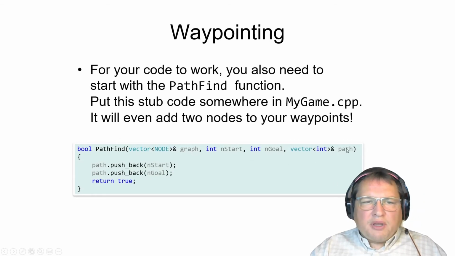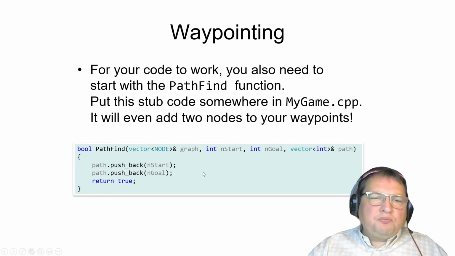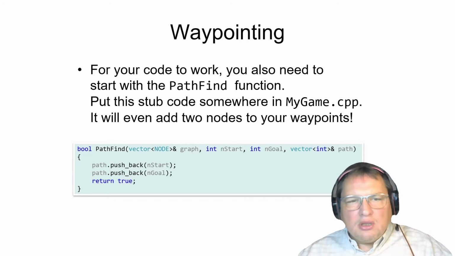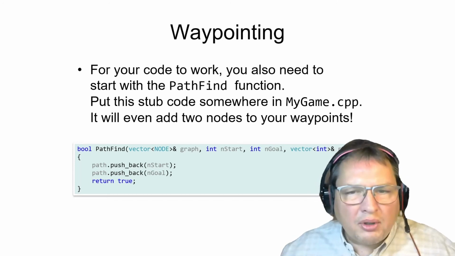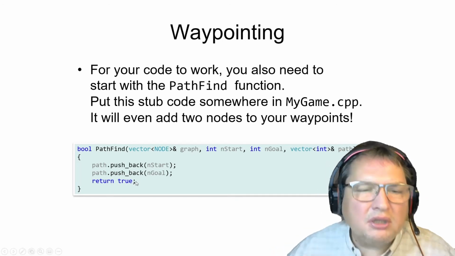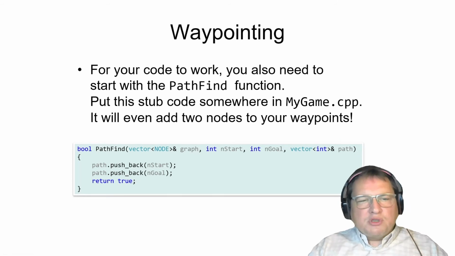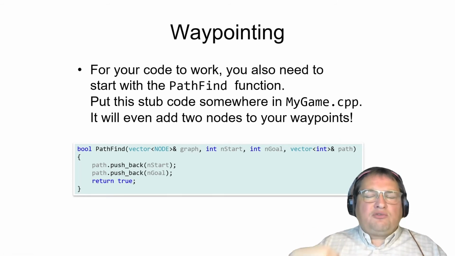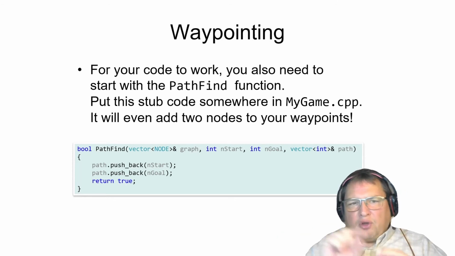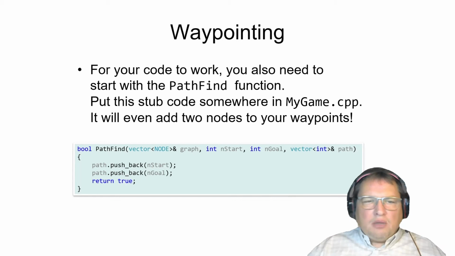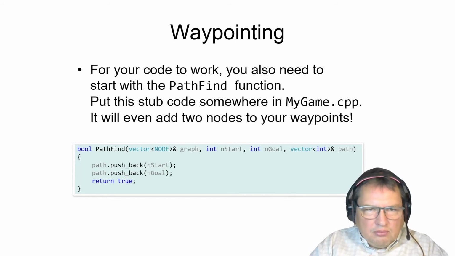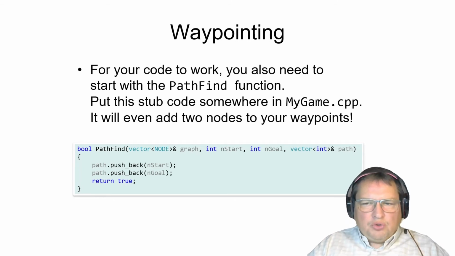Pathfind with all those parameters, we will just push the starting and the destination or goal nodes to our resultant path and return true to say, yes, this was a success, the path was found. The pathfind function could also return false in case there is no viable path from start to goal, but this is not our case. Now we just provide a quick stub for you to use.